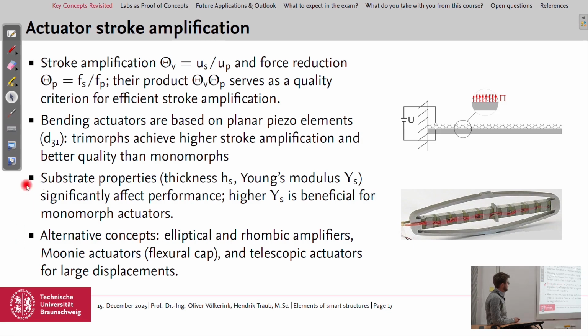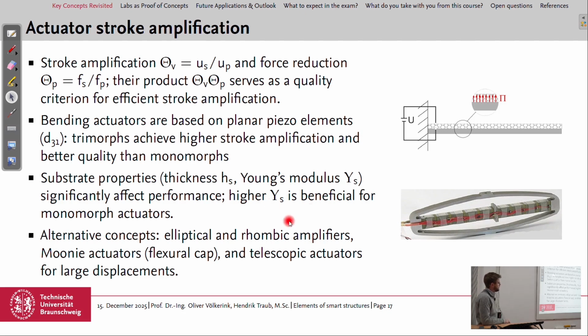And we saw with respect to structural conformity that the substrate properties or the structural properties also matter. The thickness and the Young's modulus of the structure both affect the performance, and in the case of monomorph actuators, a higher Young's modulus is beneficial for these actuators.